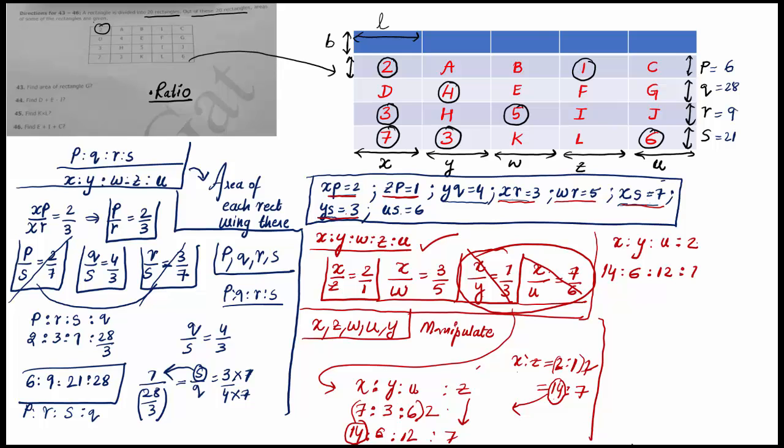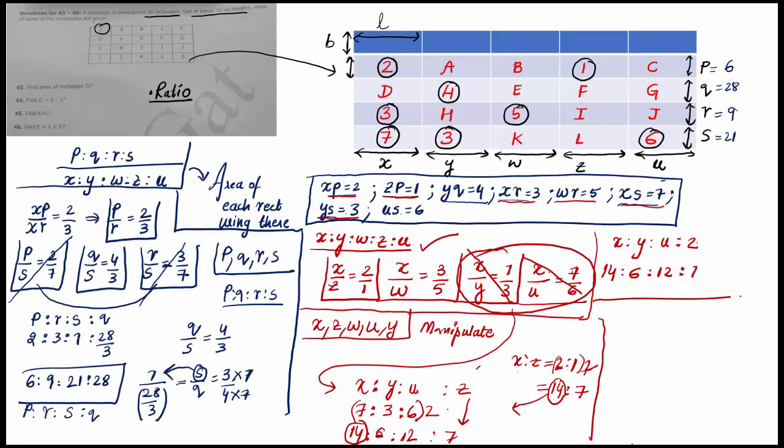What else are we left with? We are left with w. So w can be calculated using the ratio of x by w is equal to 3 by 5. But x value is 14, so I'm multiplying with 14. And then I do not want 3 in it, so I'm bringing it to the denominator.